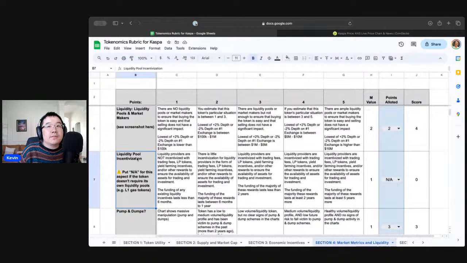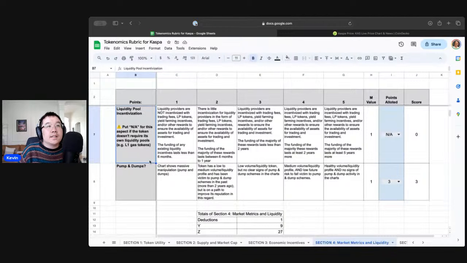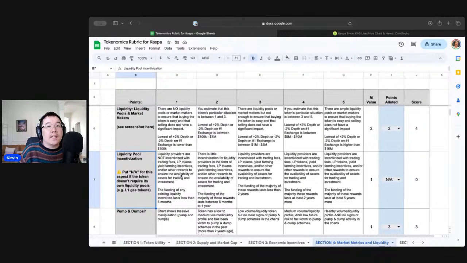Liquidity pool incentivization is an NA because Kaspa is a gas token. So it's not like a DeFi token that needs a token / ETH pair or token / SOL pair.